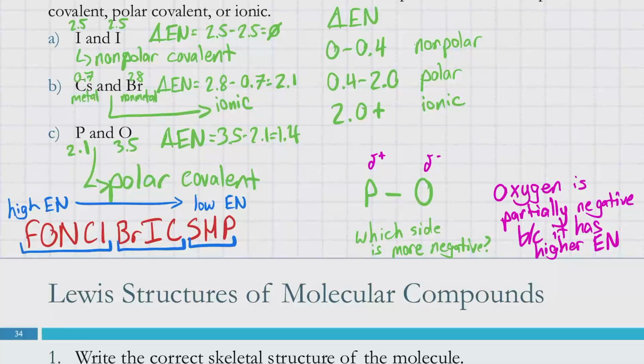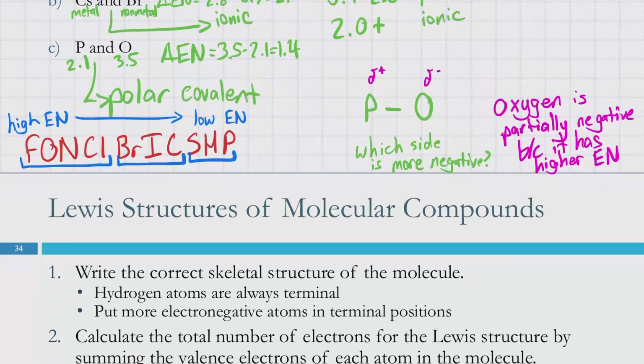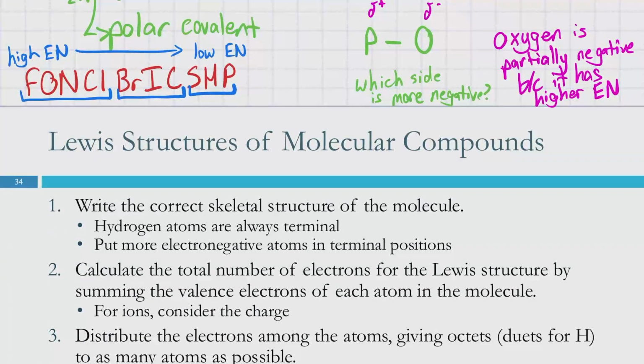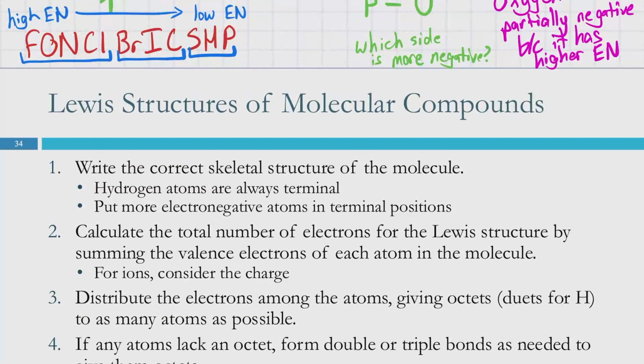Now, finally, Lewis structures, how to draw them for molecular compounds. We've got a couple of steps for drawing Lewis structures for molecular compounds. Our first step is we need the correct skeletal structure for the molecule. We've got a couple of guiding principles here.